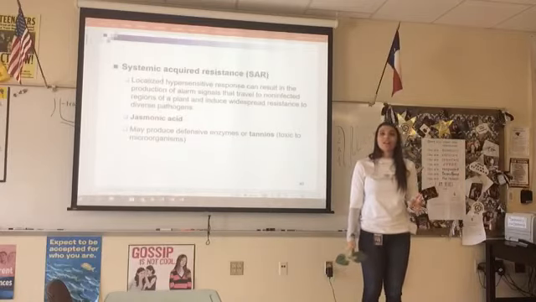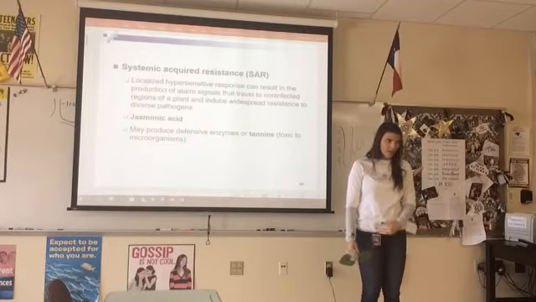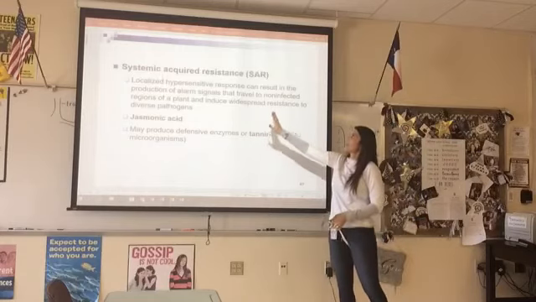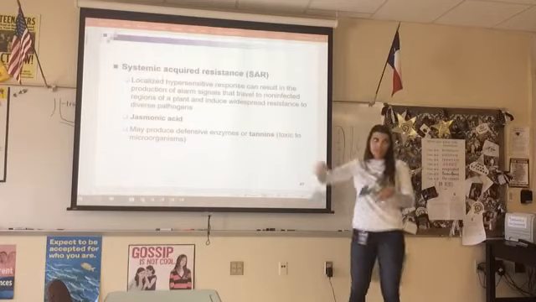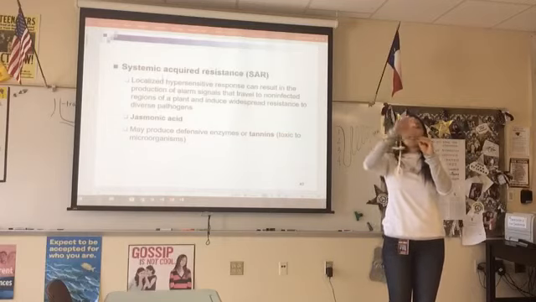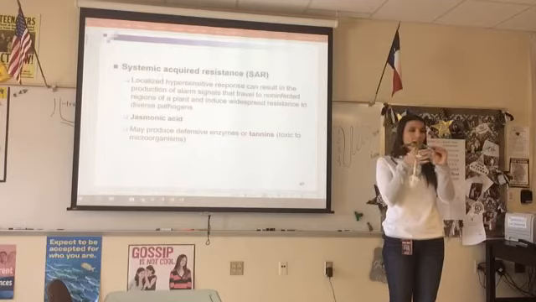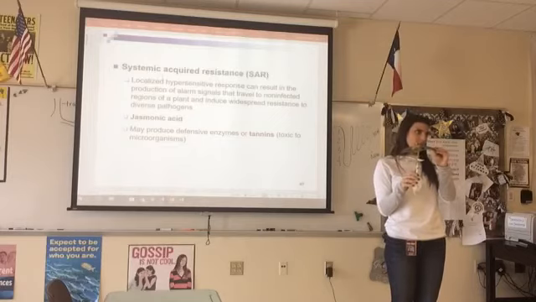Systemic means that that infection has spread through my entire body. So when it says systemic acquired resistance, this part of the plant has been violated, and it tells the rest of the plant, I've been violated, you guys need to go into lockdown.